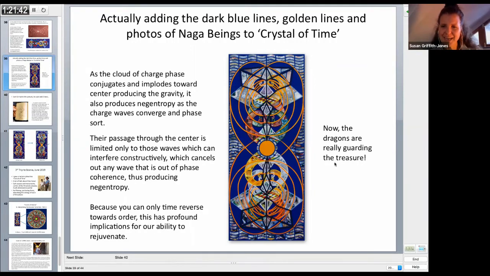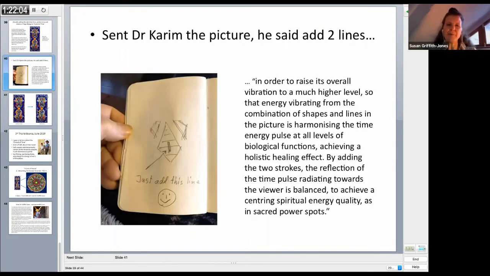So I write here, now the dragons are really guarding the treasure because the information that's now encoded into the crystal of time is getting more and more precious. As you can see, this has profound implications for our ability to rejuvenate, to go towards negentropy rather than entropy. And this is phenomenal.